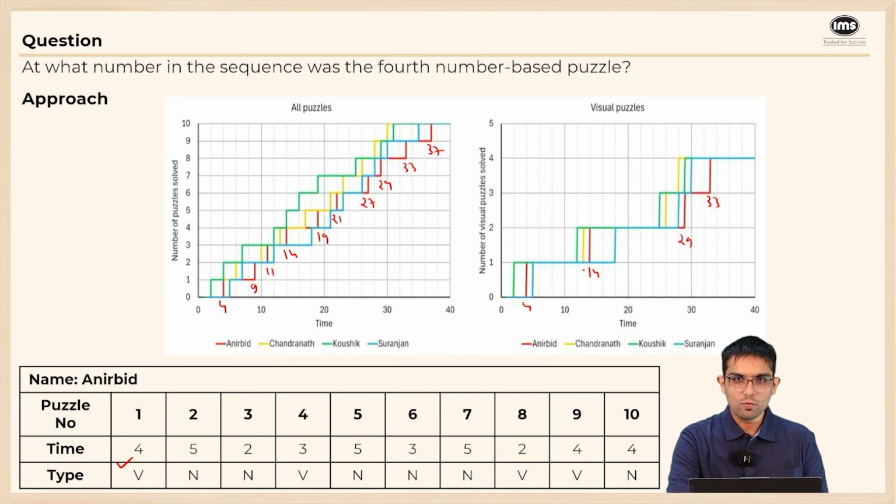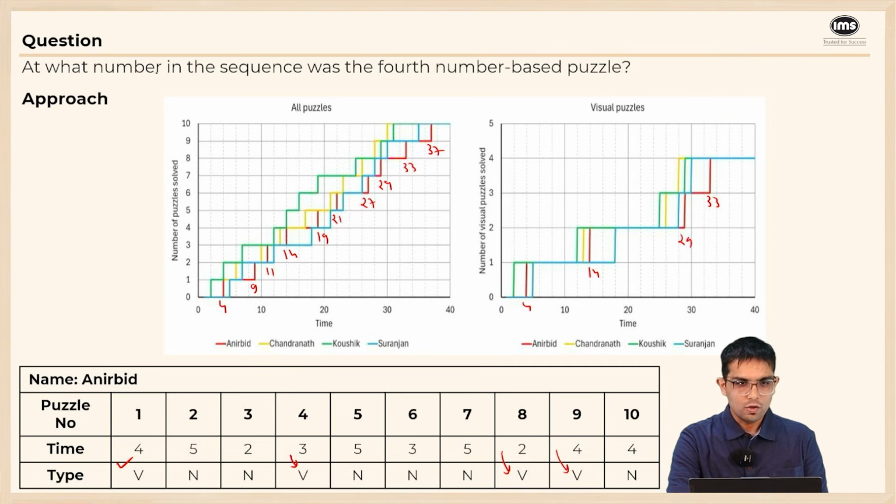The puzzle that is getting over on the 14th minute, that is 1, 2, 3, 4. So 4th is again a visual puzzle. 29th, so that is after 4, 5th, 6th, 7th, 8th. 8th is also a visual puzzle, and then 33. So 9th is also a visual puzzle. So these are the 4 visual puzzles.